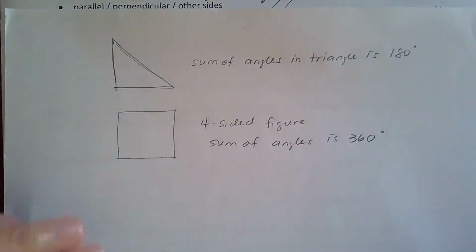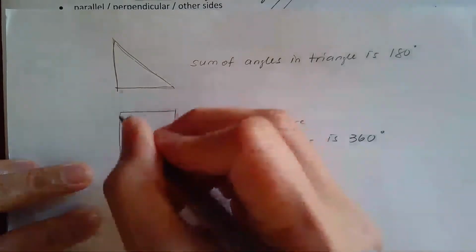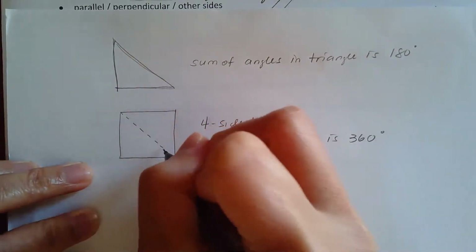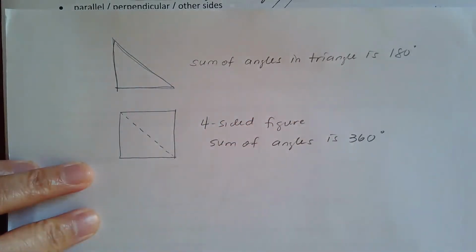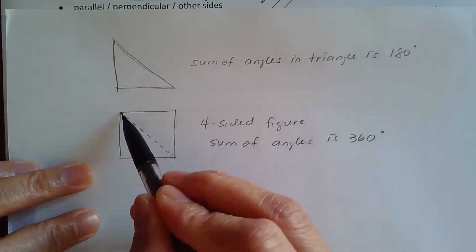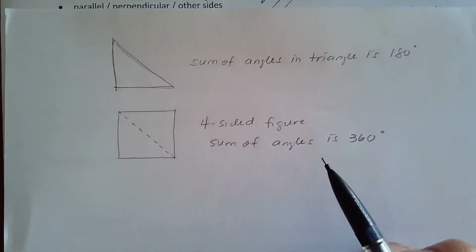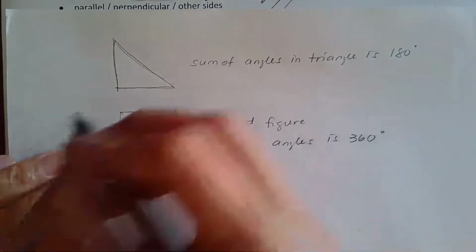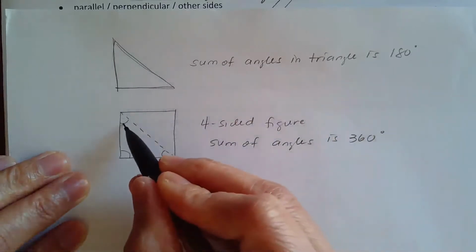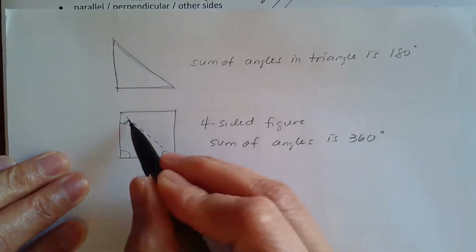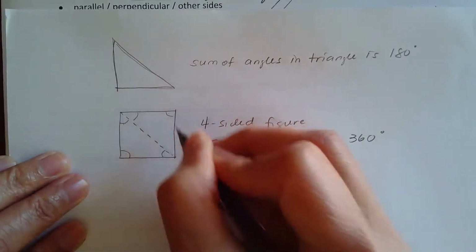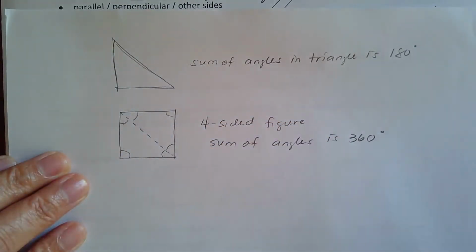Well, the only way we can show that is if we pretend we can cut this into two equal parts, basically into triangles. Then we have these three angles, which add up to 180. And then these angles add up to another 180.